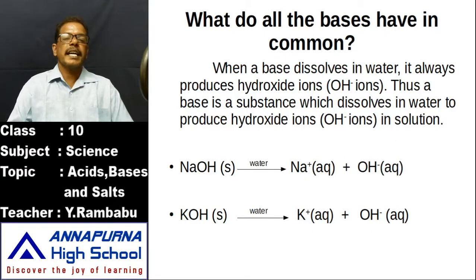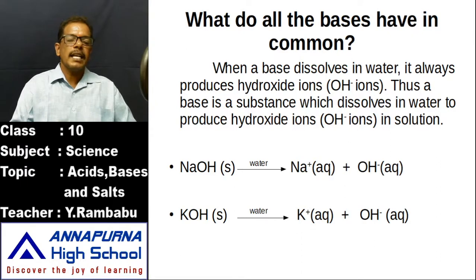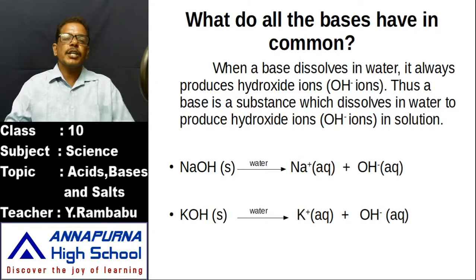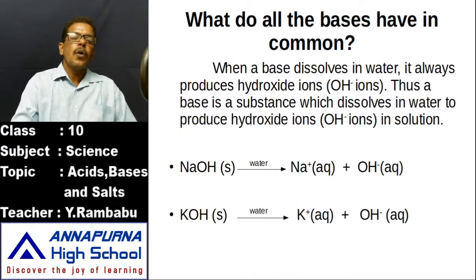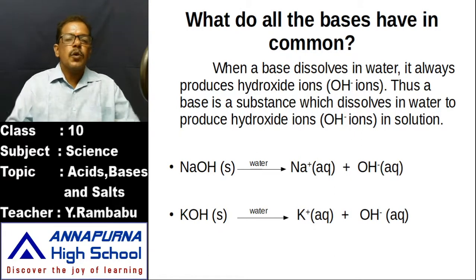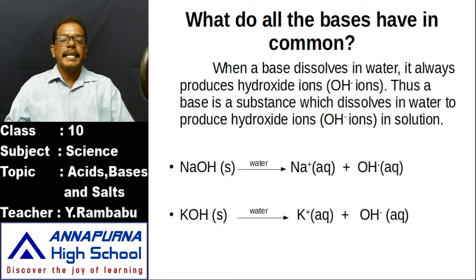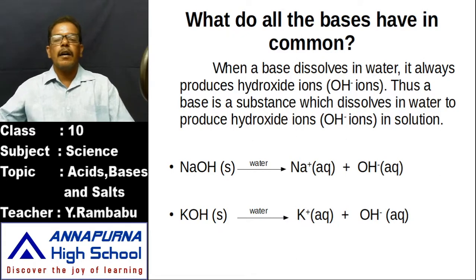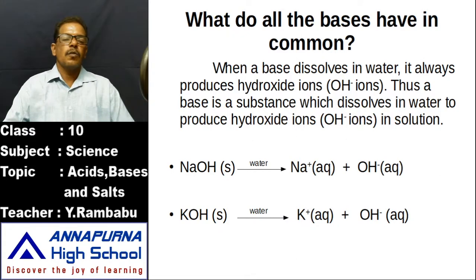No, they do not react. In the presence of water, the base splits into its respective positive ions and negative ions. For example, if sodium hydroxide is added to distilled water, it splits into Na plus ions and OH minus ions in water.